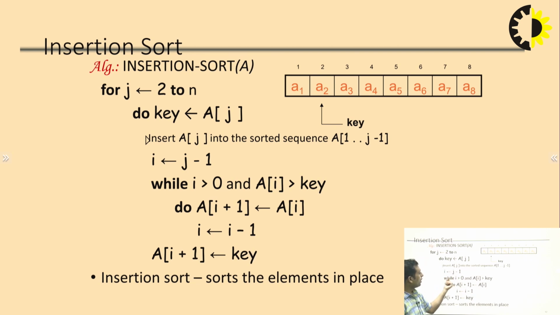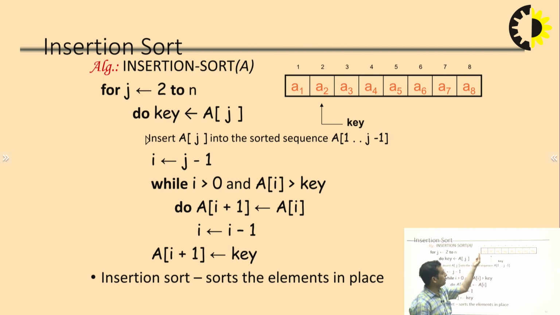Now, from j minus 1, this loop will iterate. We are comparing one by one till what situation? When i is greater than 0, maximum. i is decreasing, i is i minus 1, so i must be greater than 0, because the first index position is 1.